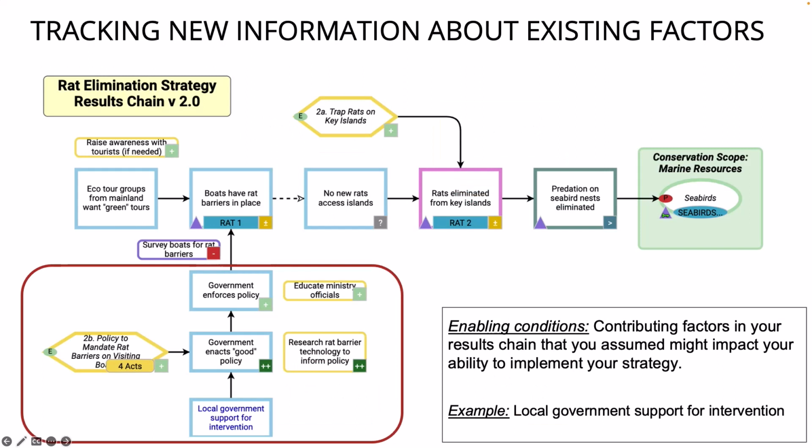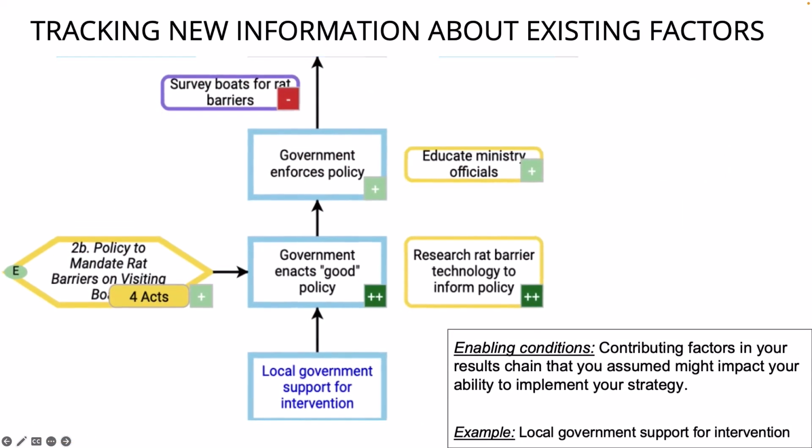Here's another example of new information about an existing factor that might come from what we described as passive observation that could change the context of a project. You may have an enabling condition in your results chain, like local government support, that you assumed would assist you in implementing your strategy. But after the most recent local government elections, many of the officials that initially supported your strategy were not reelected.